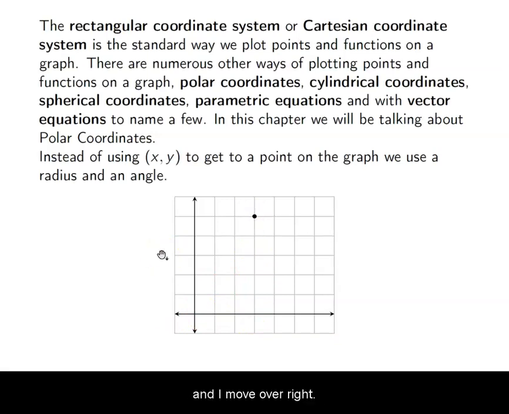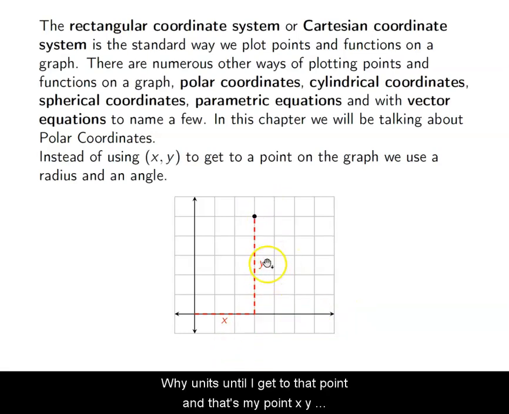So I'm going to move over some amount to the x value of this point, right? And then I'm going to move upwards y units until I get to that point. And that's my point xy. That's what we've been doing so far, right? I'm sure you're very bored while I did that because we've done this so much already.